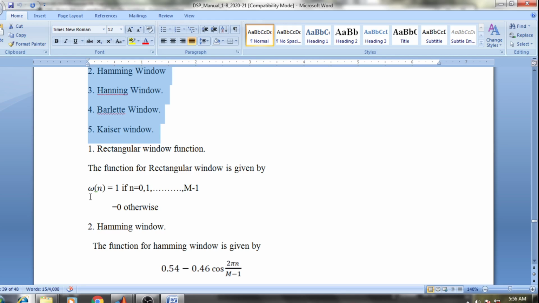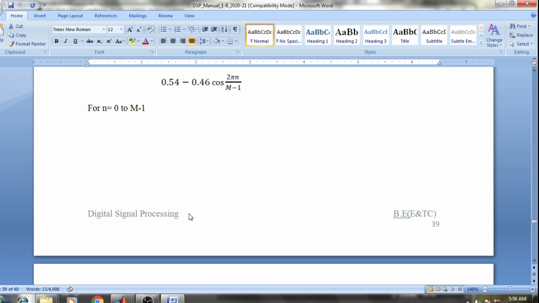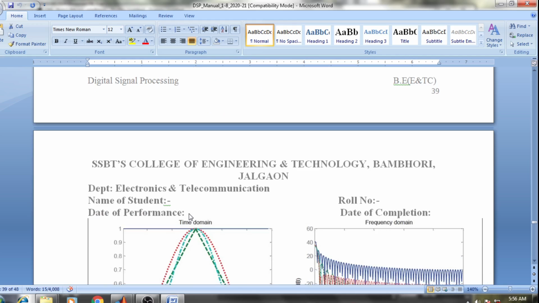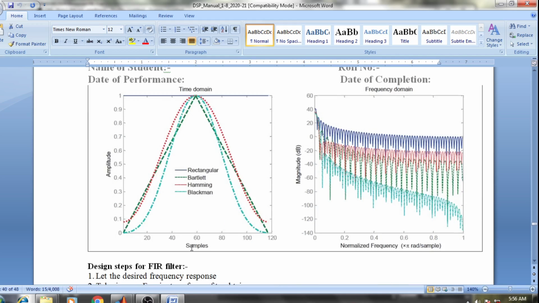Similarly, for the Hamming window, the expression is 0.54 minus 0.46 cos of 2 pi n by M minus 1, valid for n equal to 0 to M minus 1, and 0 for other cases. I hope these expressions are in your notebook.